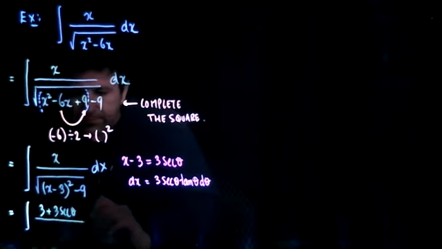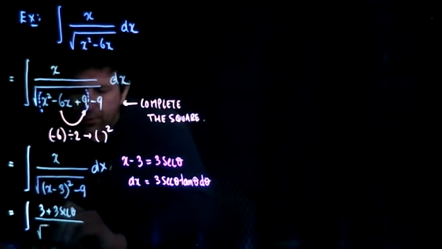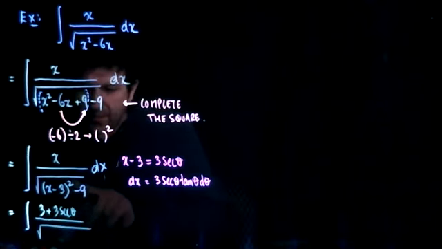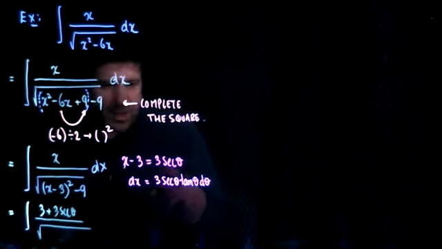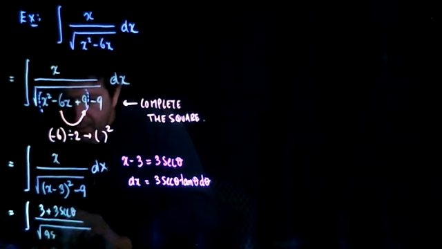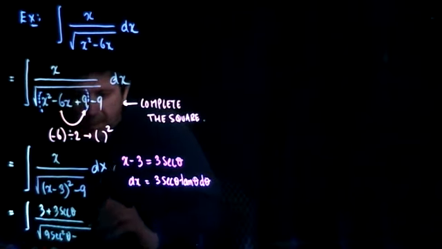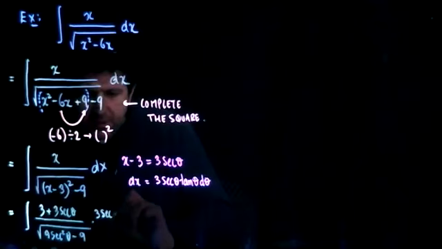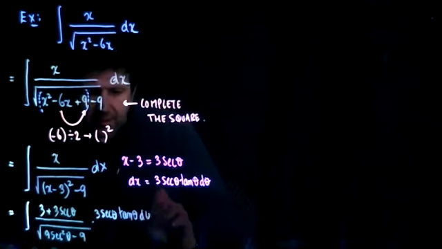Over, on the bottom I have the square root of x minus 3 squared, so it's 9 secant squared minus 9, times dx, which is 3 secant theta tangent theta.